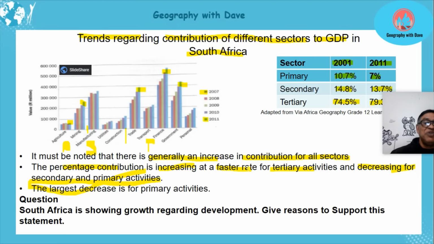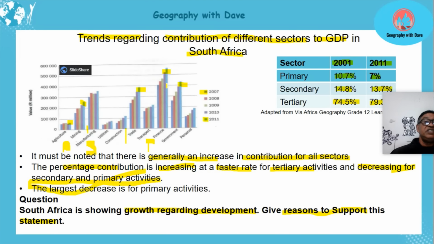So we can look at this question. Just a little thinking. It's all the same information. So I was showing growth regarding development. Give reasons to support this statement. And you can see here, there's growth happening right through.